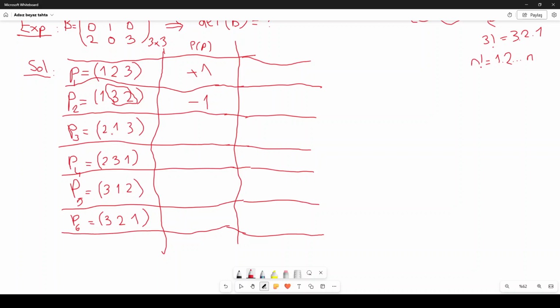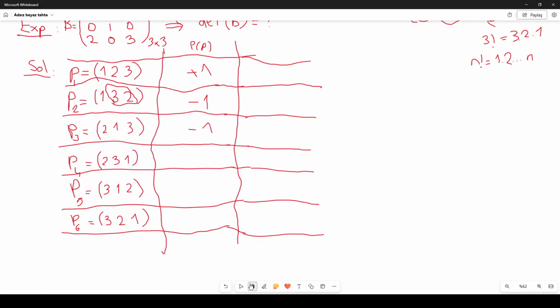As you notice, it is 2, 1, 3. The third position is the same as P1, but the first and second positions are different, so only one interchange would be enough. If I swap 2 and 1, I convert P3 into P1, so one operation would be enough, and 1 is an odd number, so the sign is -1.